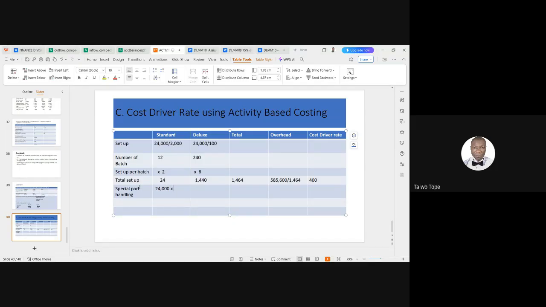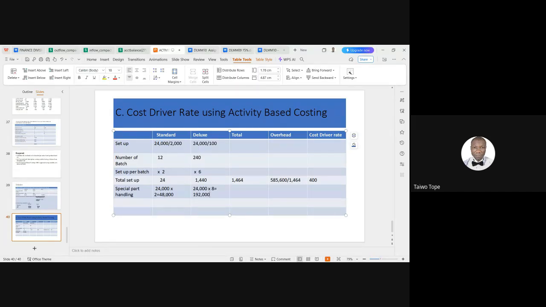So 24,000 times 2, you're going to have what? 48,000. For the deluxe, it will be 24,000 multiplied by 8. You have what? 192,000.